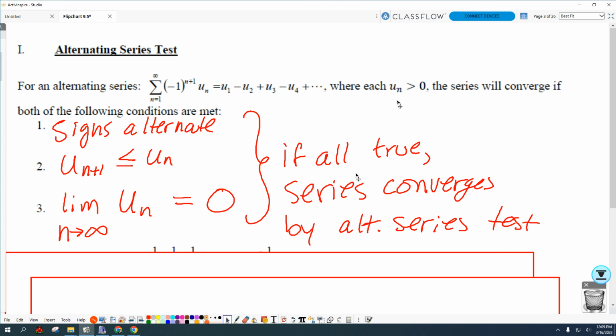So they're all the same size or a little bit smaller. So you just take the absolute value of the next terms? Sure. So if all 3 of these things are true, then by alternating series test, that thing's going to converge. The irritating thing is every time you want to use alternating series test, you need to tell me these 3 things apply.